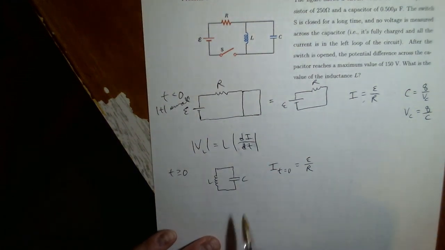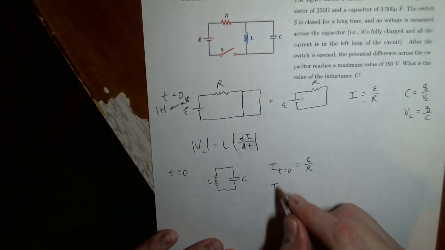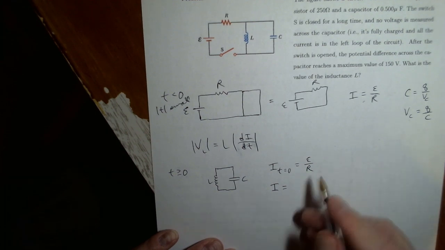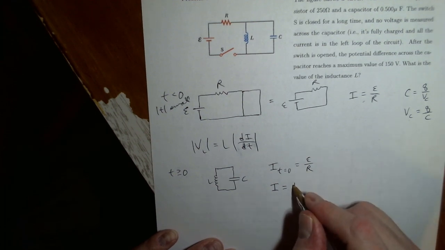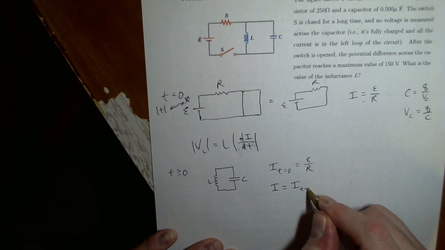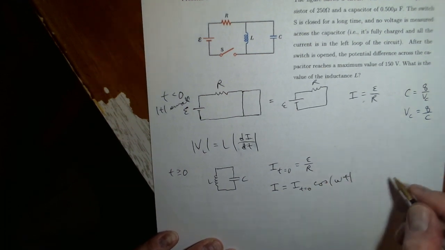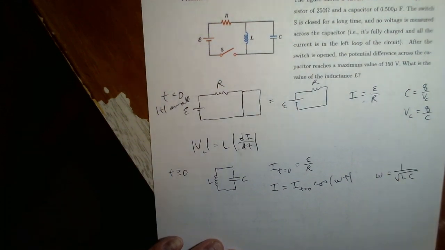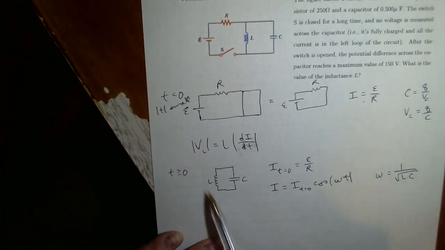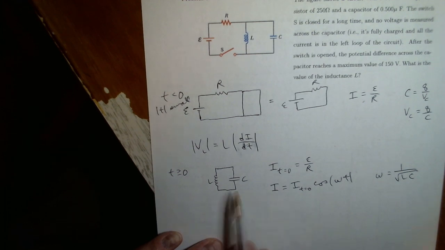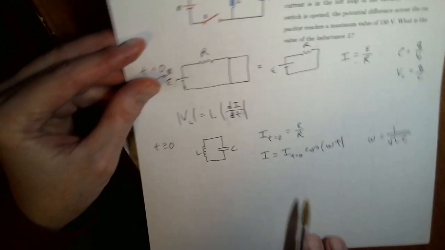And if you remember, for the LC circuit, the current has the functional form I at time 0 times cosine of omega t, where omega is 1 over root LC, which you can find from solving the differential equation that you get by looking at the loop rule for this circuit. So that is your current as a function of time.